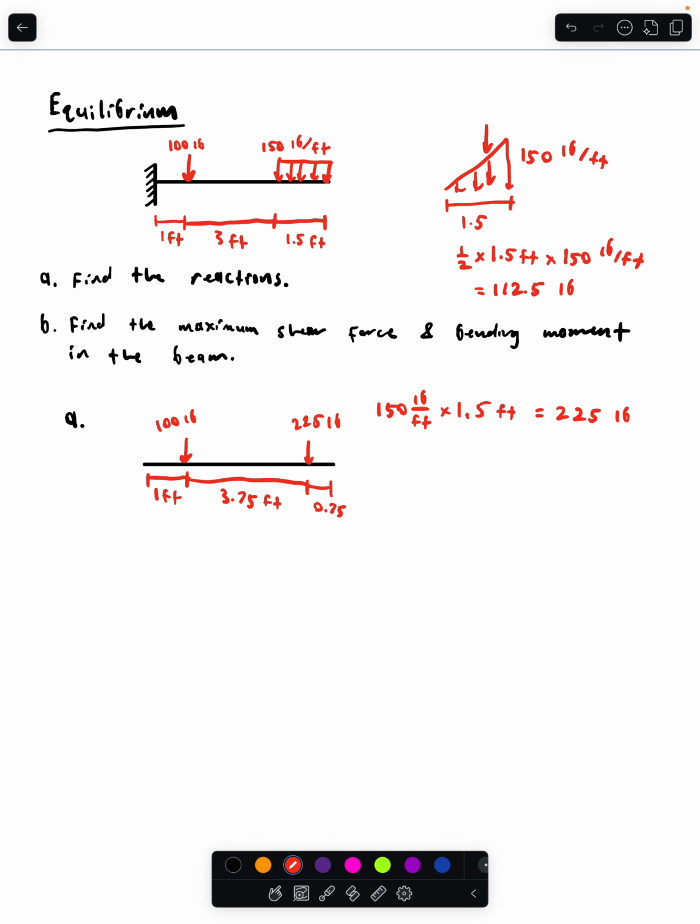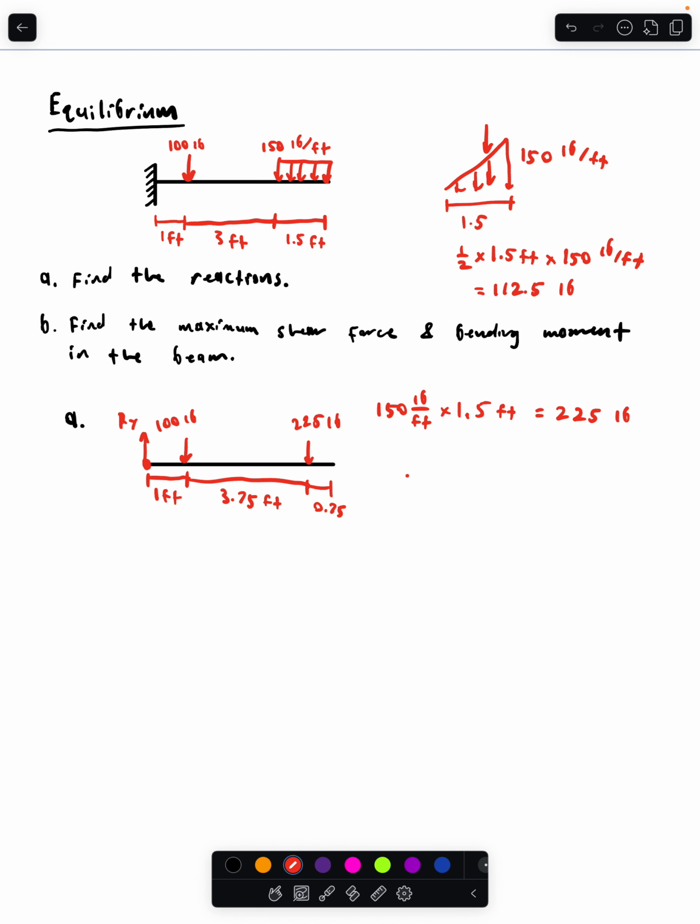So in terms of reactions, the sum of all of our forces in all the directions has to equal 0. We only have forces in the y direction, so our only reaction force is going to be in the y direction as well. And then for our moments, since we're fixed right here, these guys are generating a moment, or there's going to be a reaction moment here, I should say.